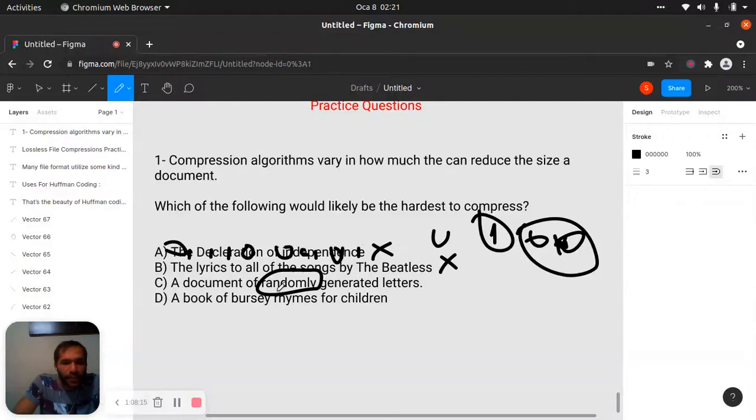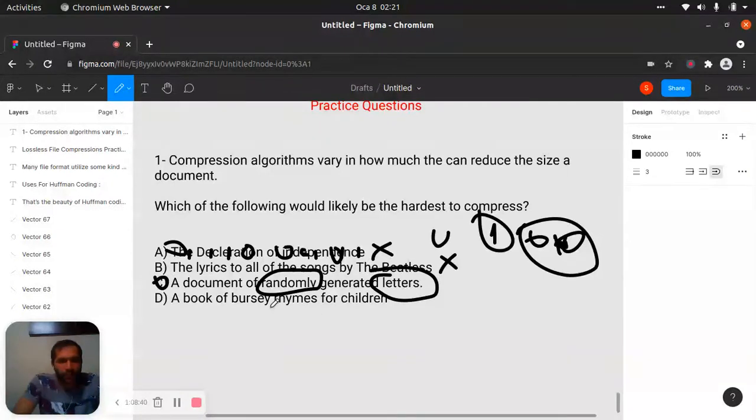But a document of randomly generated letters, this one is crazy here because we don't know what will be there, because it's randomly generated letters. Okay, this one is our solution.